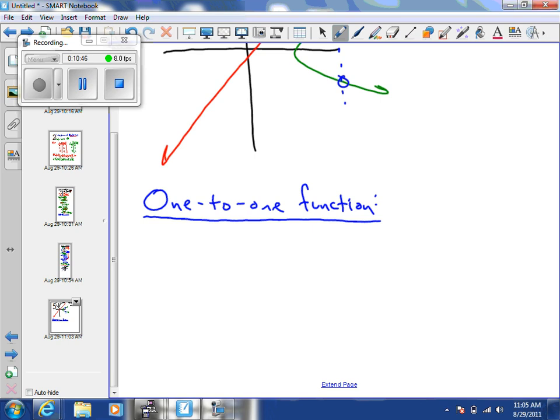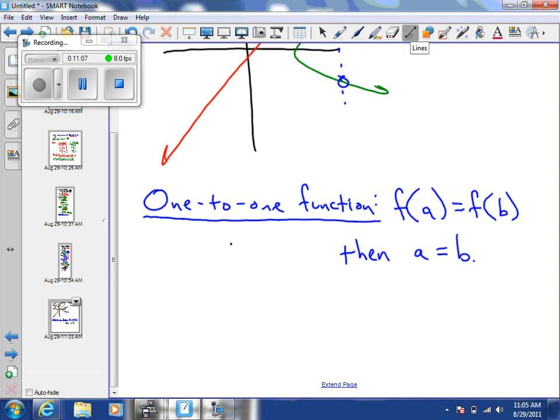A function is one-to-one if for any values a and b in its domain, if the function value at a is equal to the function value at b, the only way that's possible is if a and b are the same exact number. Now that's not true with a parabola.